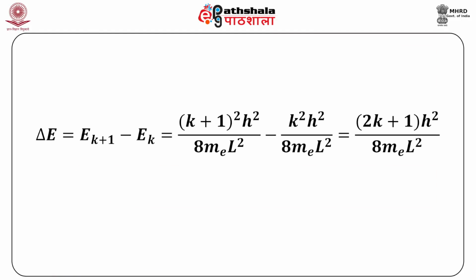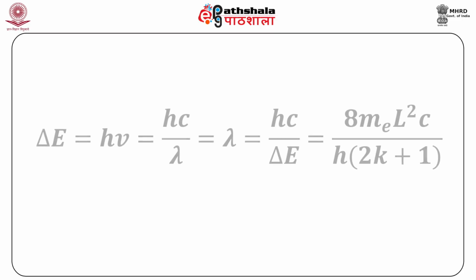The difference in energy, delta E, is equal to Ek plus 1 minus Ek, which is equal to (k plus 1) square h square by 8 me L square, minus that of the lower energy level, k square h square by 8 me L square, which is equal to (2k plus 1) h square by 8 me L square.